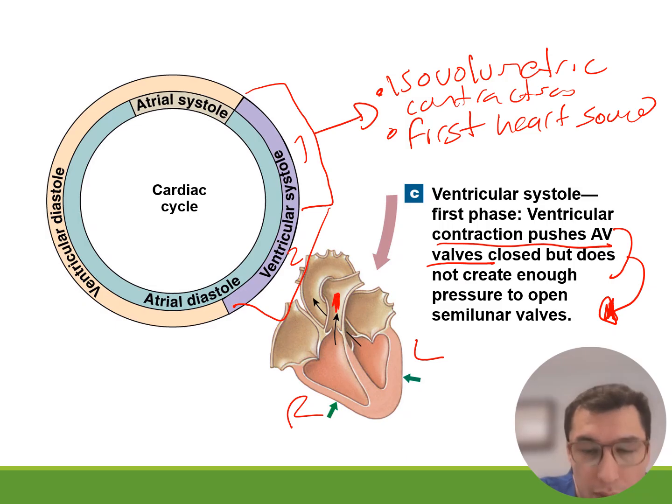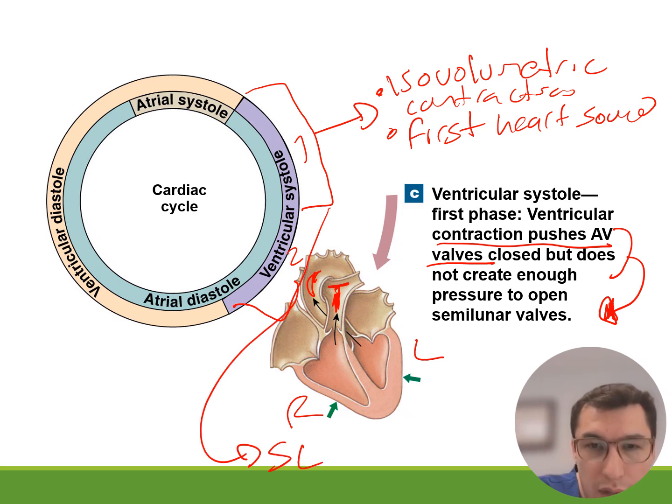Remember that there is blood within the pulmonary circuit and systemic circulation, but we want to build enough pressure to overcome that. Once we do, we open up the semilunar valves, either the pulmonary or the aortic valve, and we push through. This happens during that late phase, semilunar valve opening. Now the blood is ejected through.